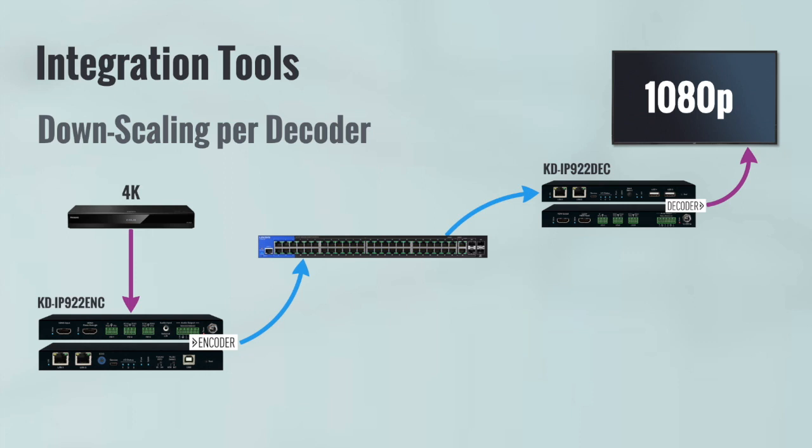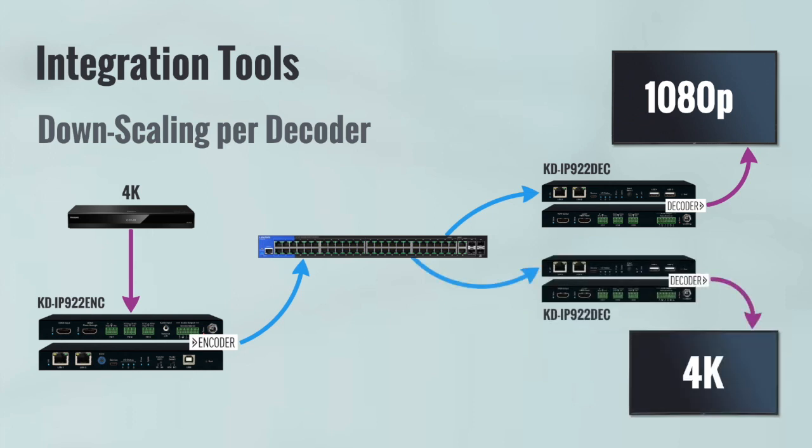After all, they do have video processing inside, and that's what enables them to build video walls and view that content in that 4K resolution at other decoders. So that video format conversion is set using the Key Digital Management software, so a 4K source can be distributed to 1080p, 4K, or even 720p displays as well.